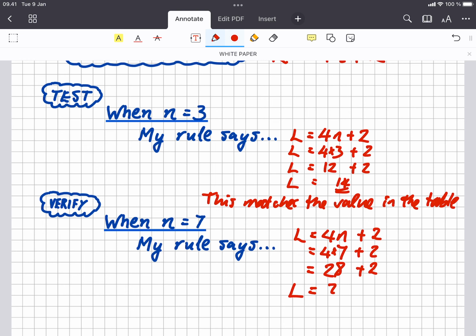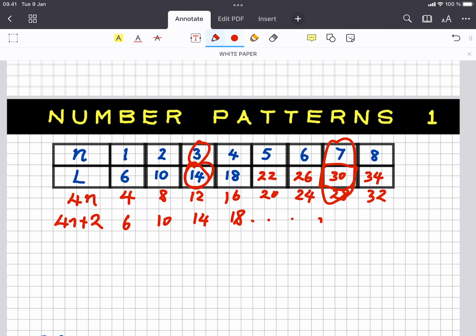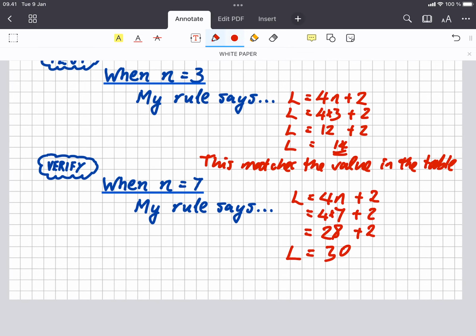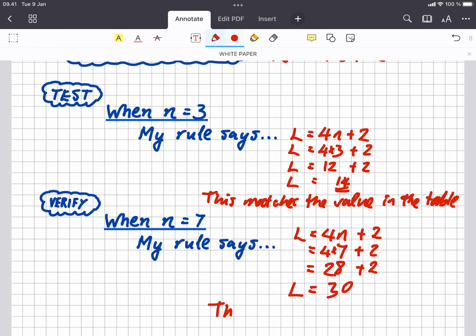So L equals 30, and 30 is indeed what we were expecting from the table. So we make the observation, this matches the value in the table.